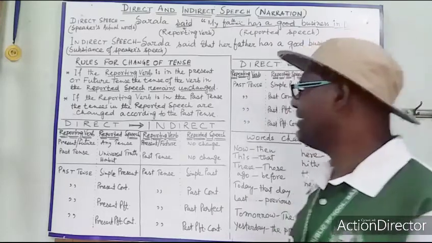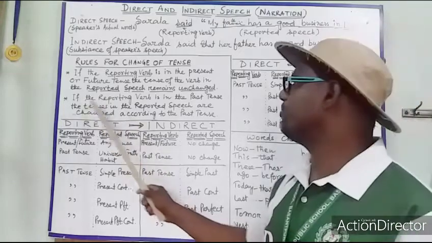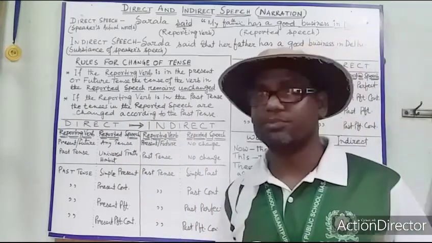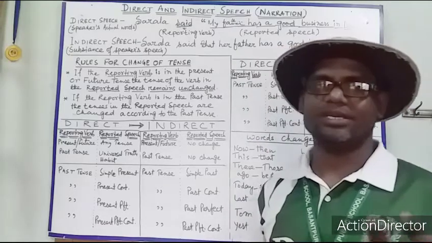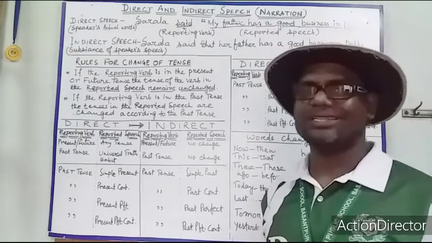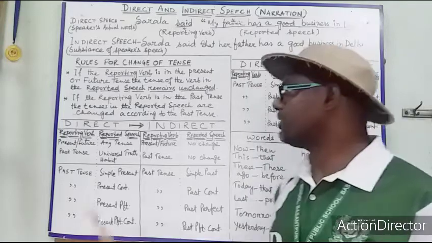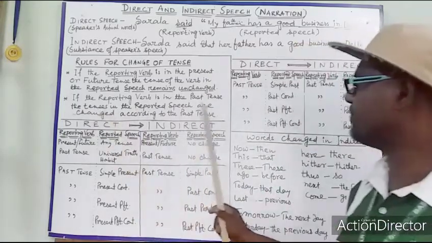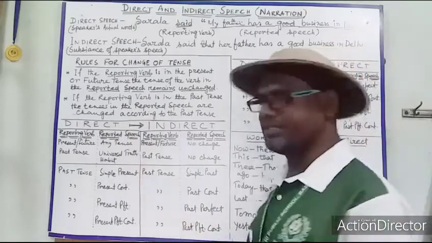Okay, next, if the reporting verb is in the past tense. Once again, what is the reporting verb? The reporting verb is the verb which is outside the inverted comma. If the reporting verb is in the past tense, the tenses in the reported speech are changed according to the past tense.